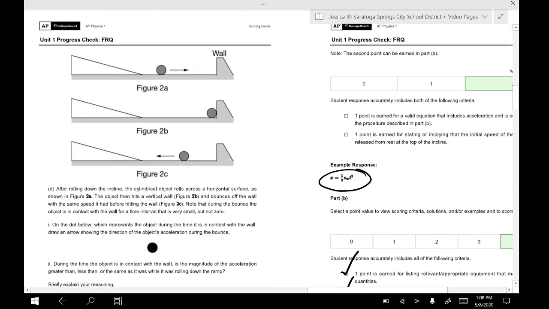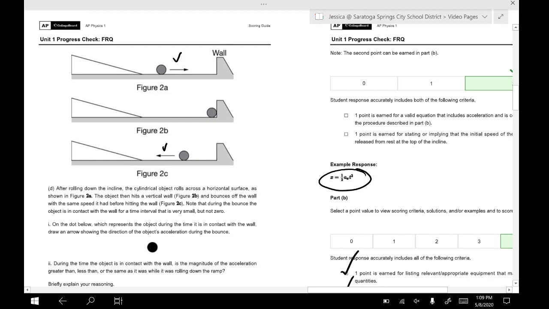All right, now part D. After rolling down the incline, the cylindrical object rolls across a horizontal surface, as shown in figure 2a. The object then hits a vertical wall and bounces off with the same speed it had before. So this speed and this speed are the same. Note that during the bounce, the object is in contact with the wall for a time interval that is very small, but not 0.